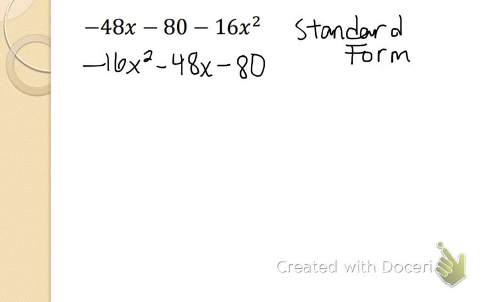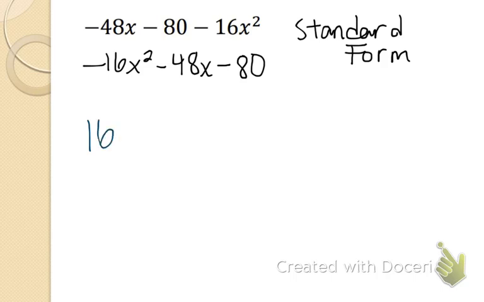Now, these are really large numbers, so we've got to think, okay, what's the GCF between 16, 48, and 80? The first thing to do is think, could all of these numbers be divisible by 16? And the answer is yes, they can all be divisible by 16. So we're going to factor out a 16.